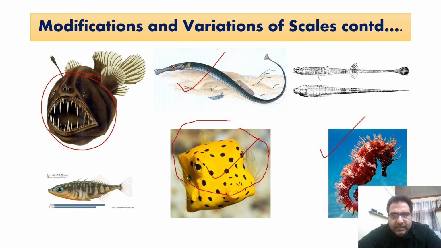So these plates are not modified scales, but skin that has been ossified. And because of this heavy, rigid exoskeleton, boxfish are limited to very slow movements.